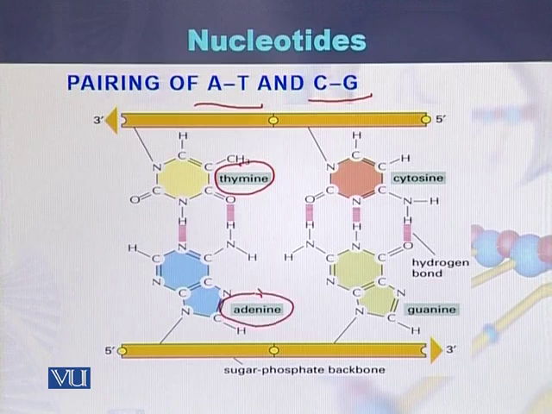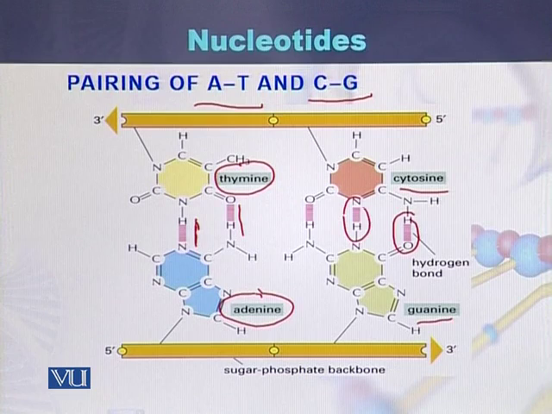There is a double bond, bond number 1 between these two bases, thymine and adenine, and this is the second bond between thymine and adenine. While on the other hand, there are 3 bonds between cytosine and guanine: bond number 1, bond number 2, bond number 3.